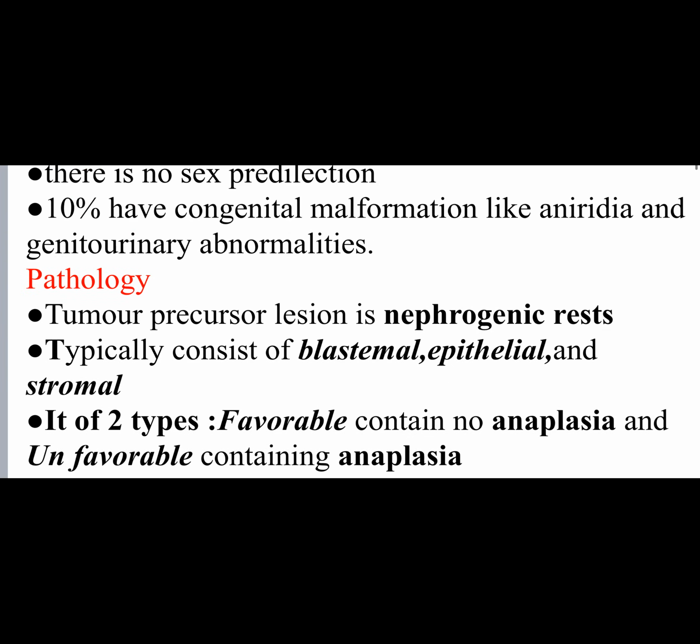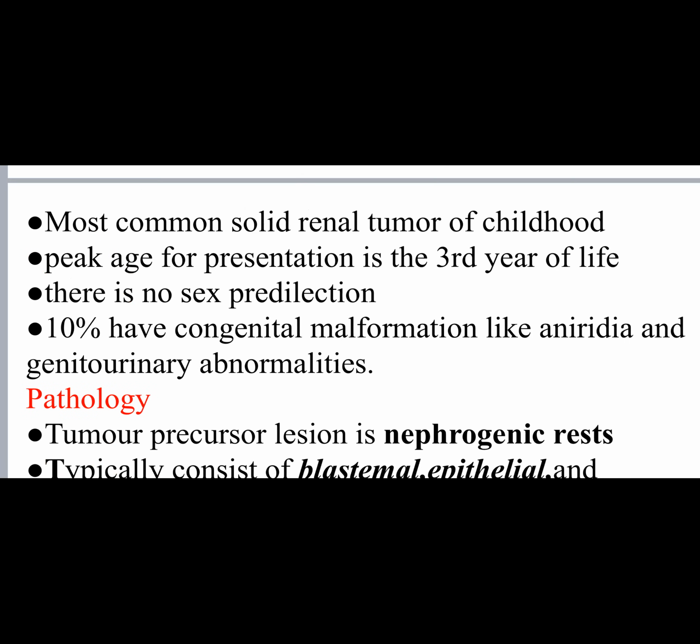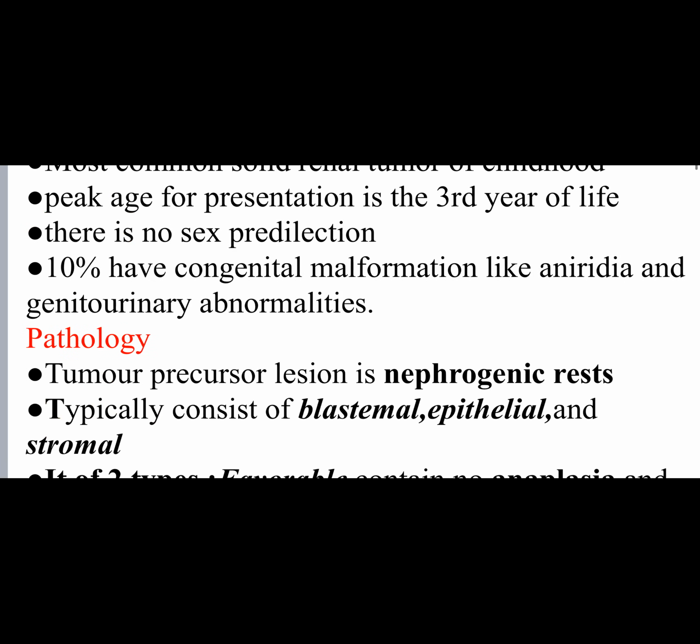Nephroblastoma, a tumor of childhood. Peak of presentation is the 3rd year of life. Pathologically, we have two types of tumor. The tumor precursor lesion is nephrogenic rest, typically consisting of blastemal, epithelial, and stromal elements.